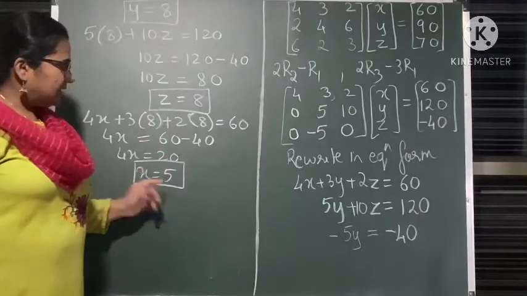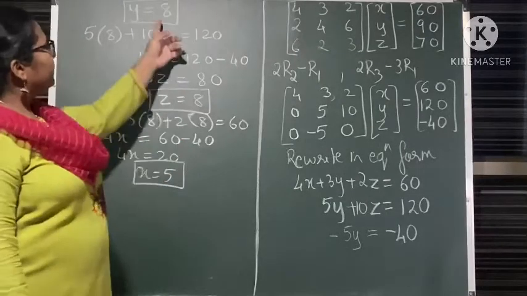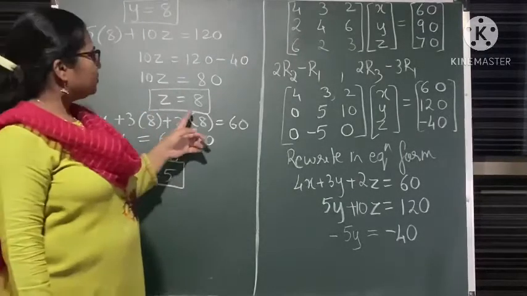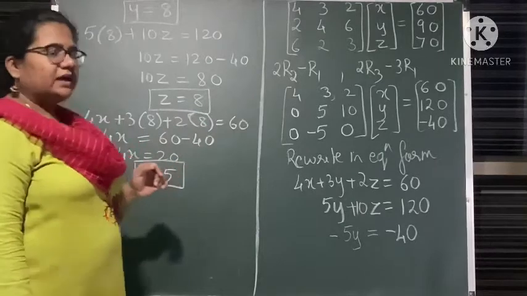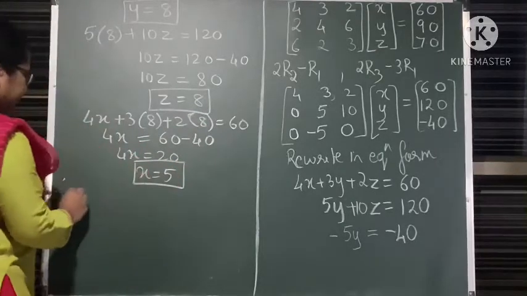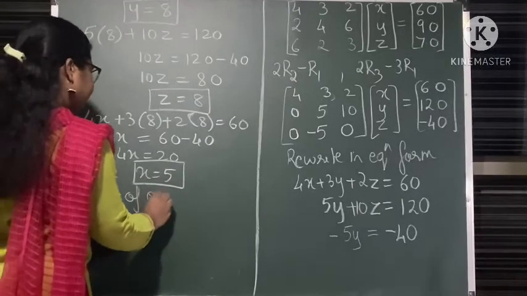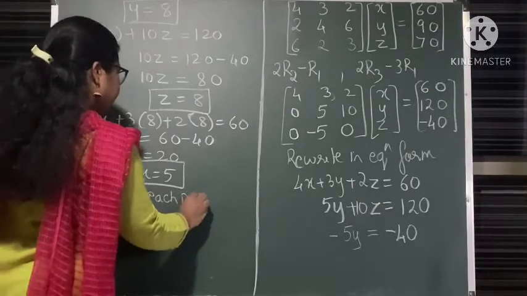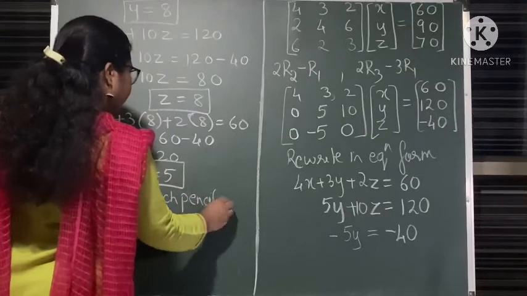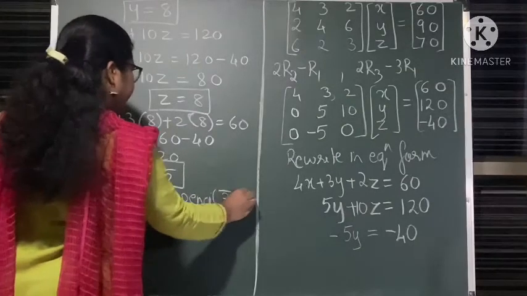So what is your answer? Cost of each pencil is rupees 5. Cost of each pen is rupees 8. And cost of each eraser is rupees 8. See, therefore, conclude your answer: cost of each pencil, rupees 5.